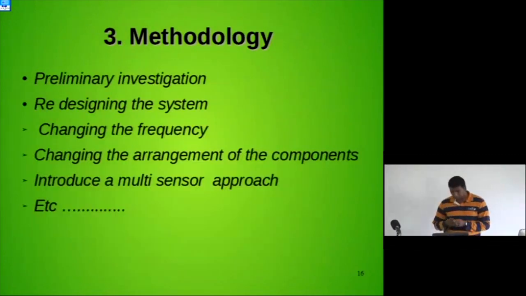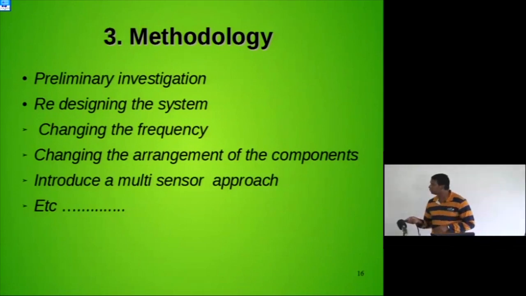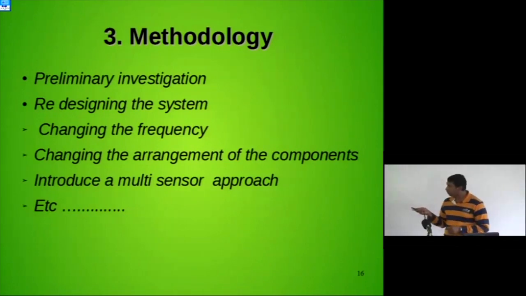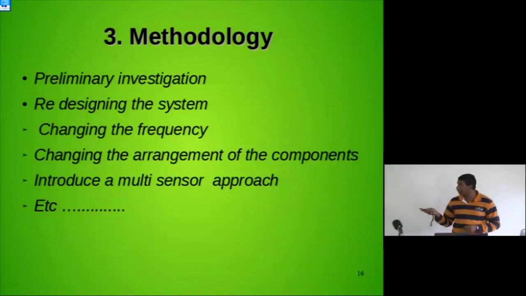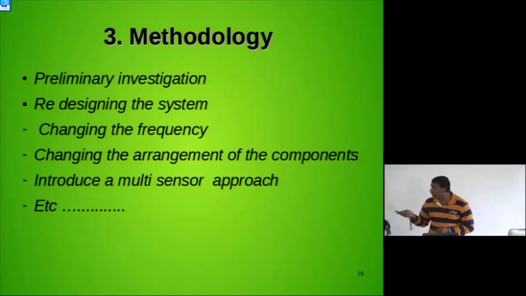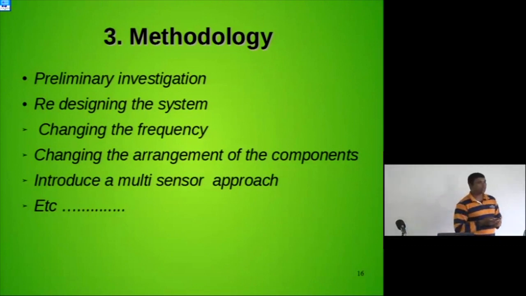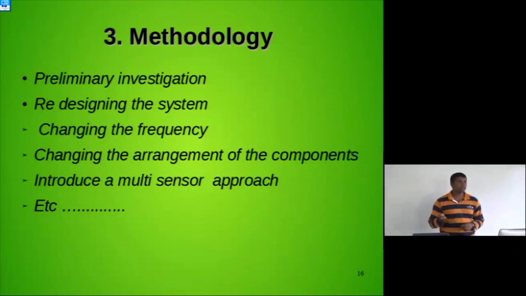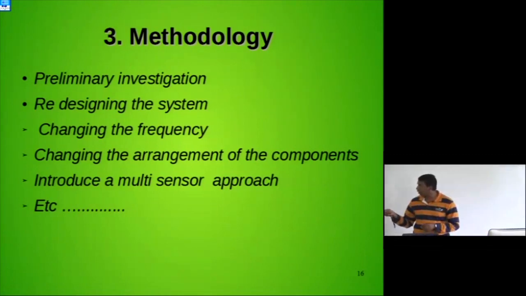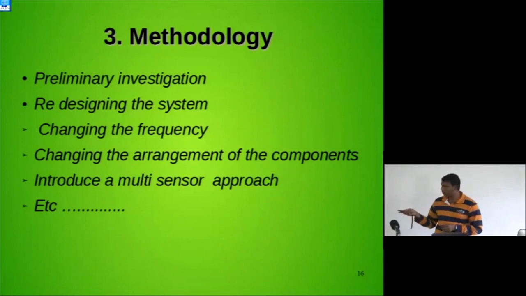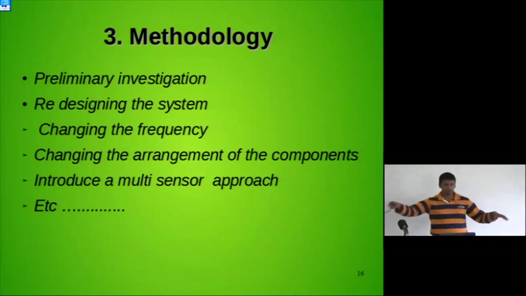And what I will try to do is a preliminary investigation and then redesign the system. First I'll try to change the frequency, because the frequency has a big effect on the sound behavior. And then a change in the arrangement of the components, meaning you don't just arrange them like that.